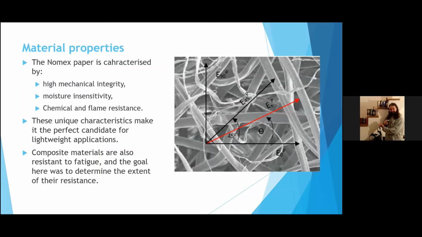The characteristics of the paper here can be seen. Its main advantages: high mechanical integrity, good mechanical properties, insensitive to moisture, resistance to chemical and flame effects, and many other adverse effects. And of course, combined with its lightweight, this makes it ideal for aerospace structures. Now, of course, we have yet to determine how well it behaves under fatigue.